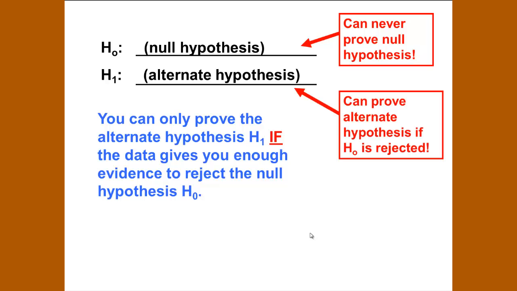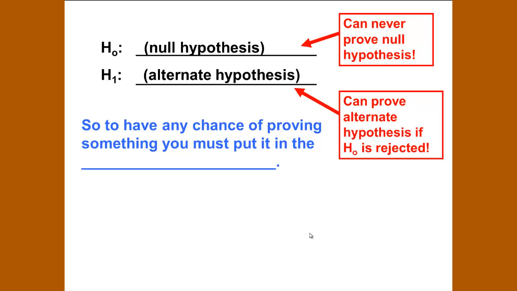You can prove the alternate hypothesis if H0 is rejected. So to have any chance of proving something, you must put it in the alternate hypothesis.